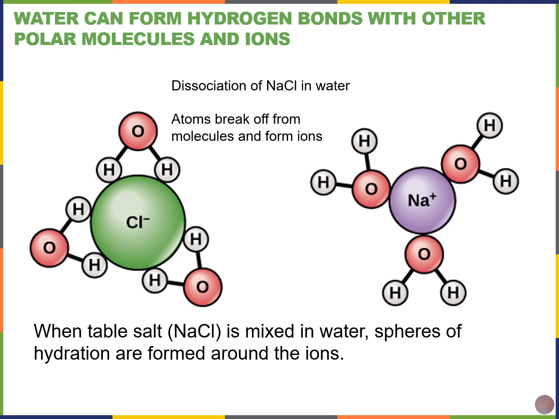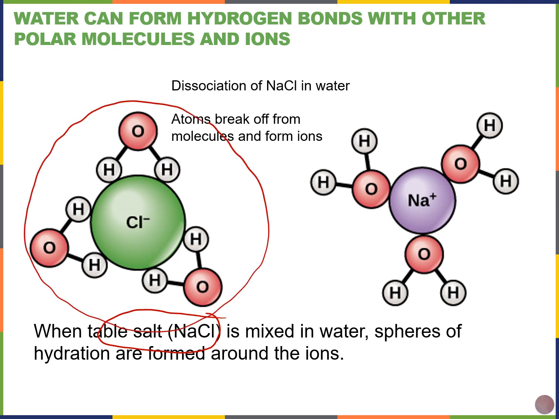Our book gives us a nice example. We all have salt probably at home. If you put a little bit of salt into a cup and add some water and stir, you'll see that we form these little hydration spheres where water surrounds the ions that are formed. And if you look closely at the hydration spheres, since water is polar, the bonds within water are polar.